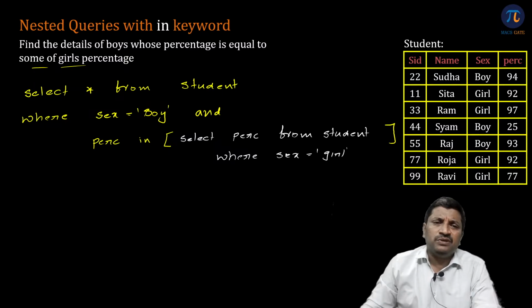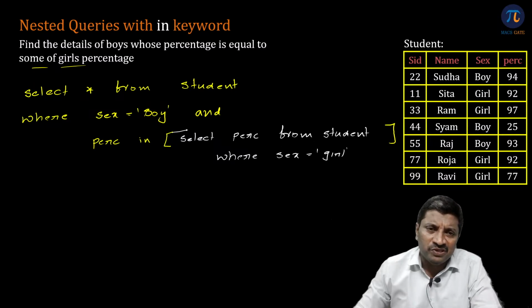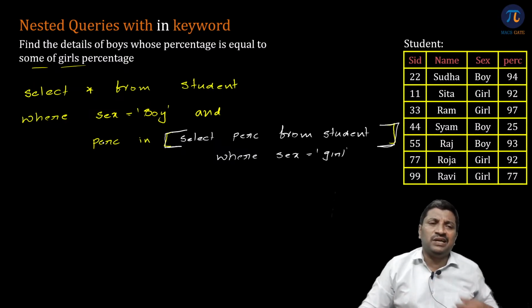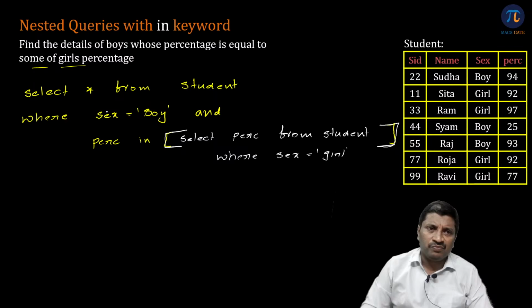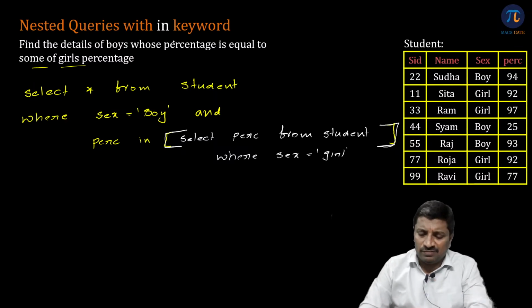Hope you understood it. So first we retrieve the percentages of the girl students, which will be present in these brackets. Then those numbers we use in the condition of the outer query. Hope you understood it. That is the intention of the in keyword.